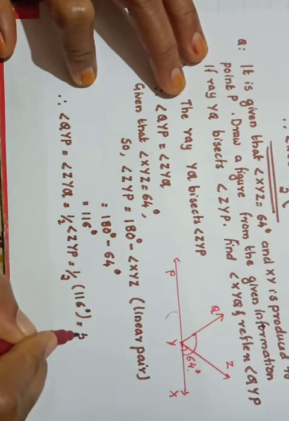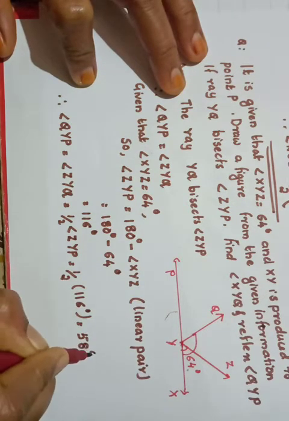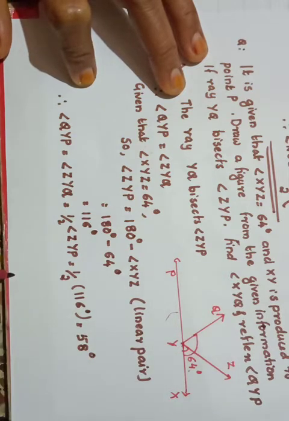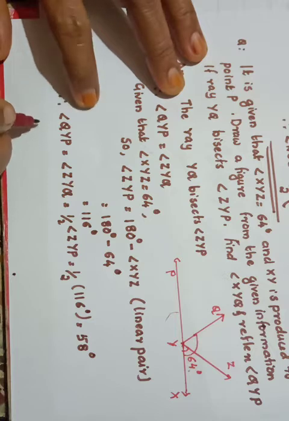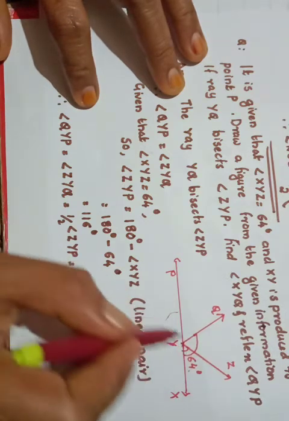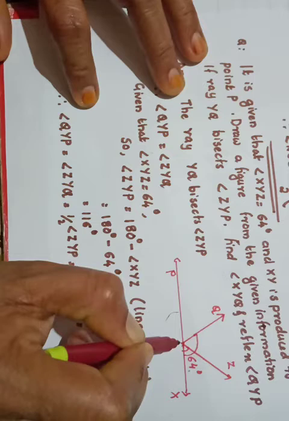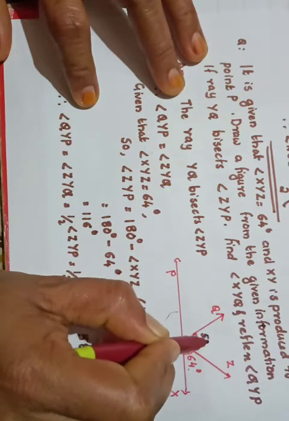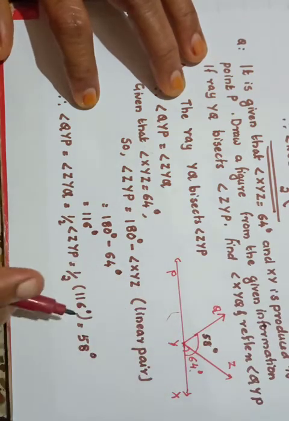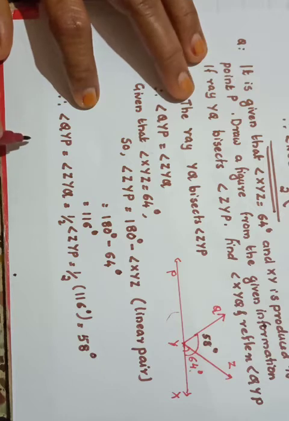So can we say that it is 58 degree? Okay. So you understood that ZYQ is 58 degree and XYZ is 64 degree.